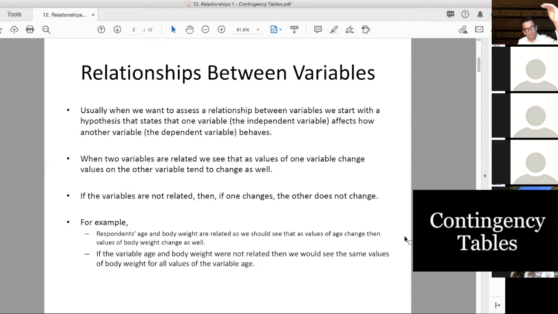Like higher values of age have higher values of body weight, right? If they were not related, then we would see that higher values of age have the same body weight as lower values of age, right? That's what would happen if they were not related. But of course, they are.